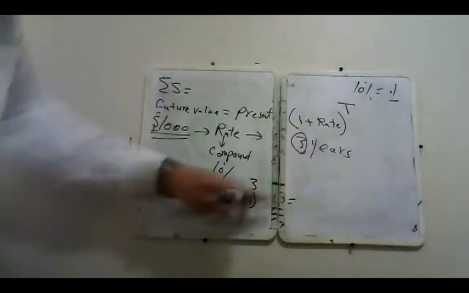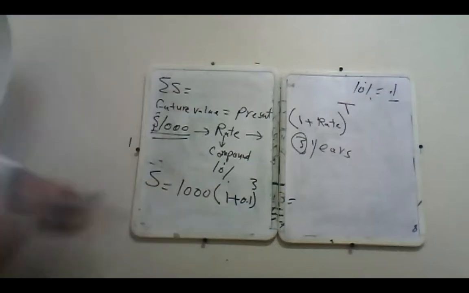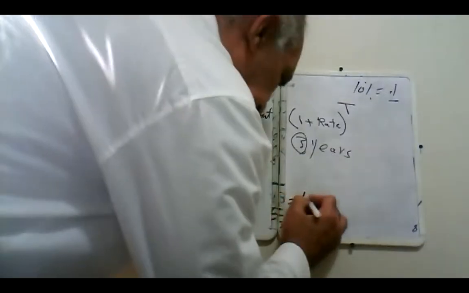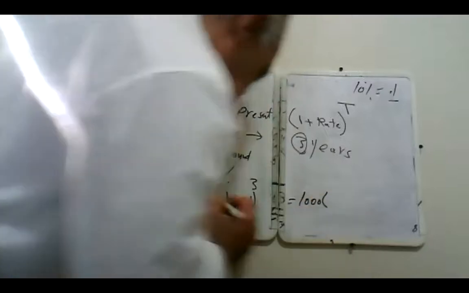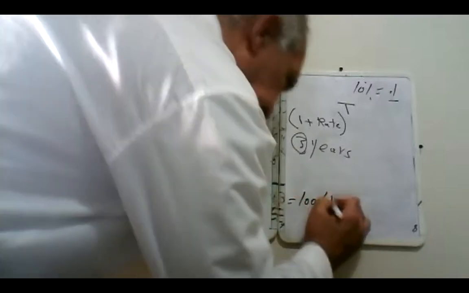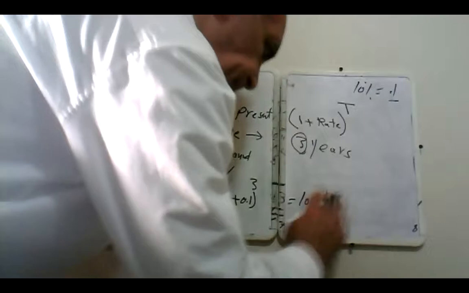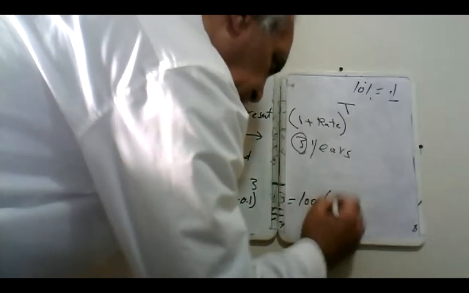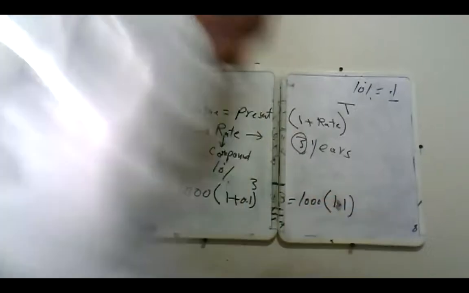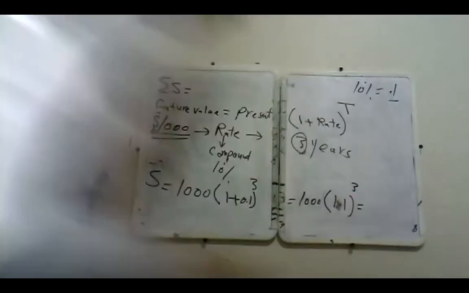How do we do this calculation? This will be $1,000 multiplied by 1.1, and the power is 3. How will you do this on your calculator?